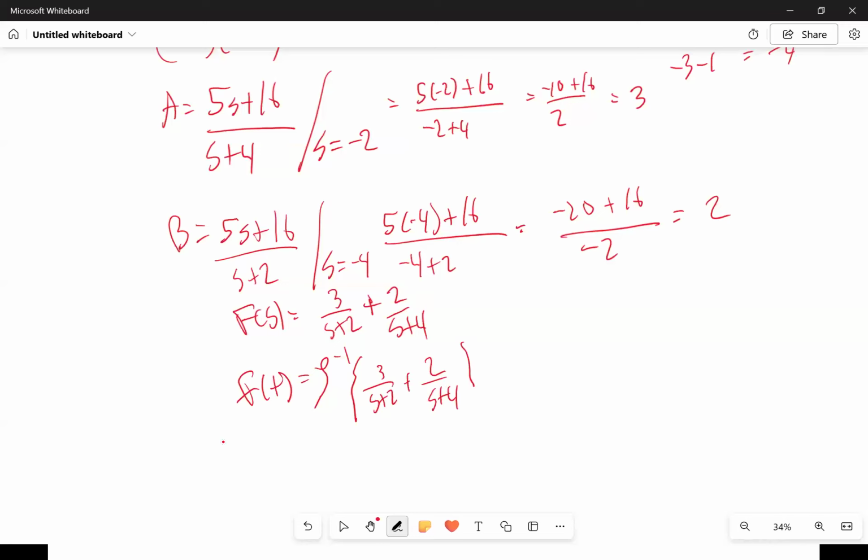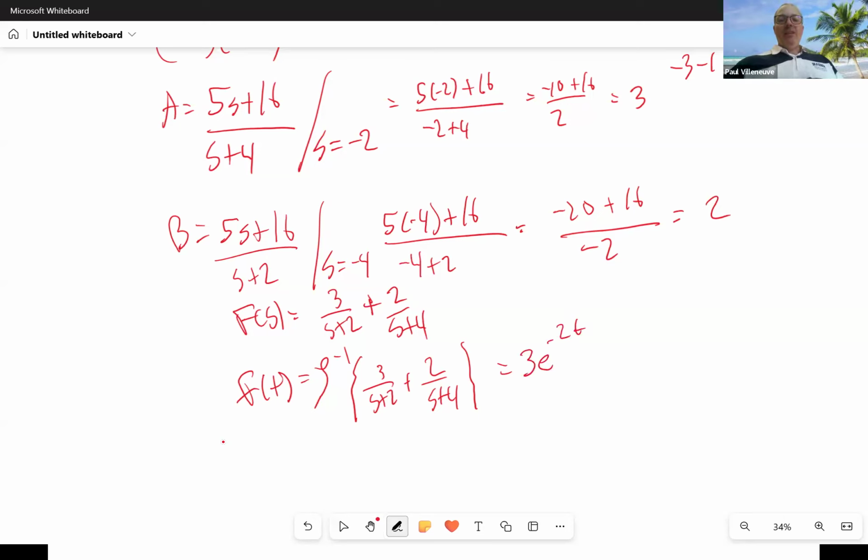So when I split it up, yep, they were just swapped. Yep, no, that's fine. But what I'm saying is as long as the 3 is over the S+2 and the 2 is over the S+4, that's the important part. As long as you got that, that's all I care about. So that's 3 e to the minus 2t plus 2 e to the minus 4t, taking back to the time domain.